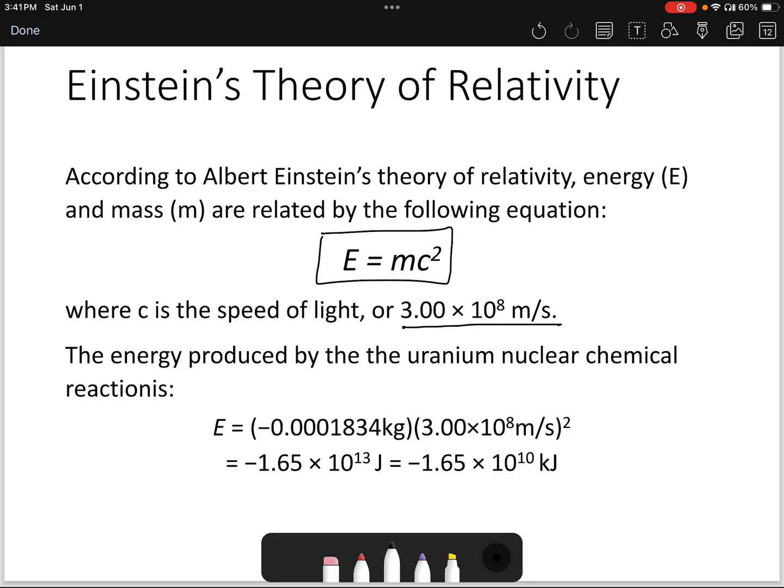But if we take that mass that we lost and plug it into this equation, we actually see that we lost about 1.65 times 10 to the 10th kilojoules of energy. So that is a huge amount of energy that's lost from a nuclear reaction. So each nuclear reaction is going to produce a ton of energy.